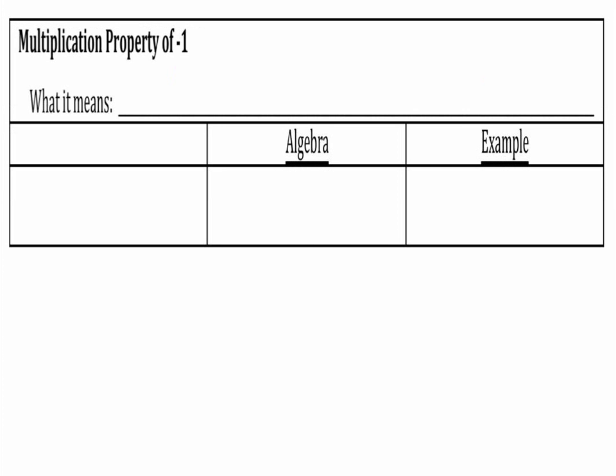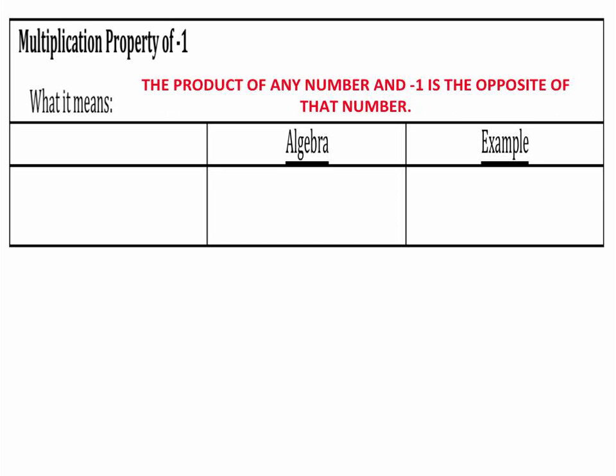All right? And then I have the multiplication property of negative 1. If I take any number and I multiply it by negative 1, I just get the opposite of whatever that number was. So if I took 4 times negative 1, I would just get negative 4.